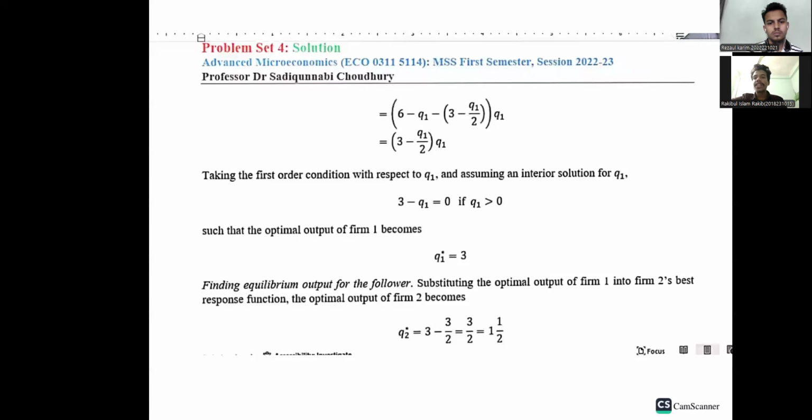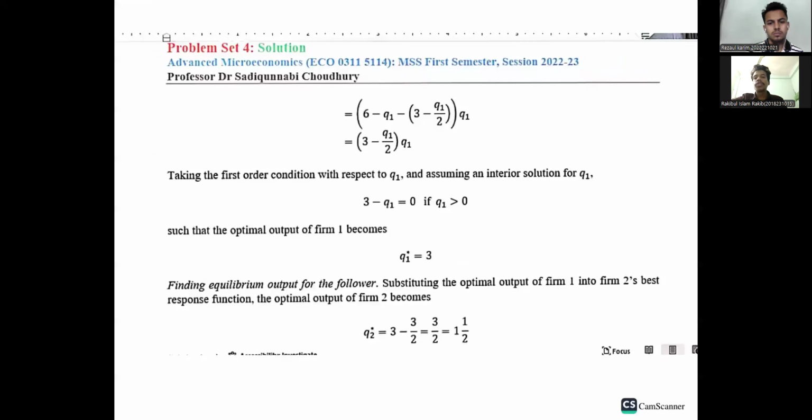In the next slide, in the same procedure, taking the first order condition with respect to Q1, we can find the optimal output of farm 1, Q1 equal to 3.